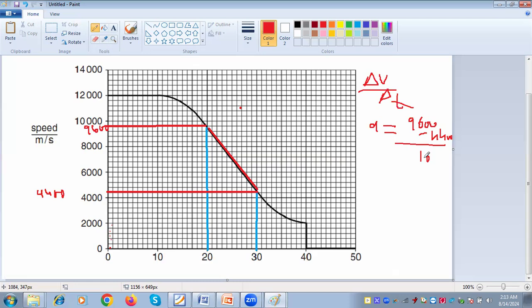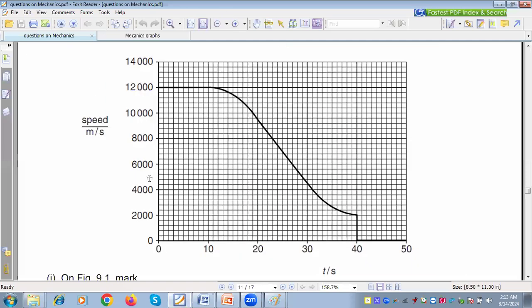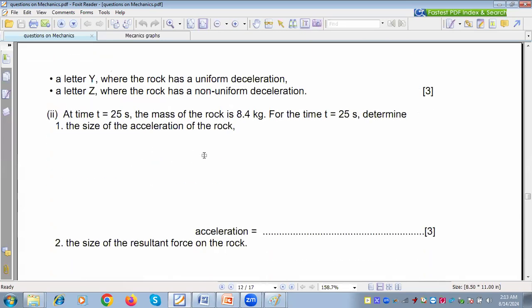The answer is coming 520 meters per second squared. So 520 meters per second squared is the acceleration, or rather the negative acceleration or deceleration of the rock.